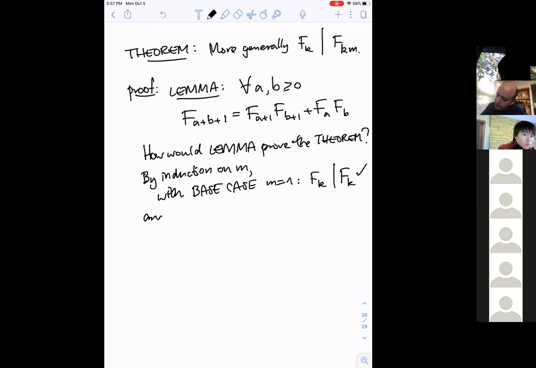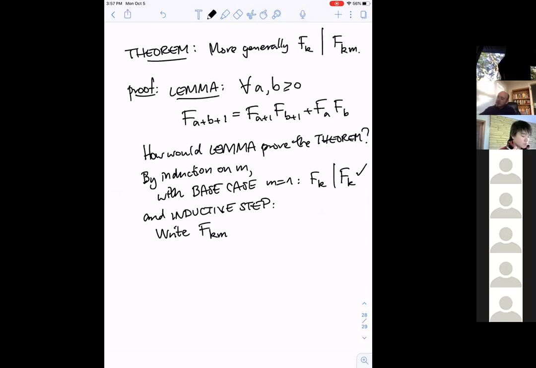And in the inductive step, the more interesting part is how we're going to use this lemma. What am I trying to show? I'm trying to show Fkm is divisible by Fk.